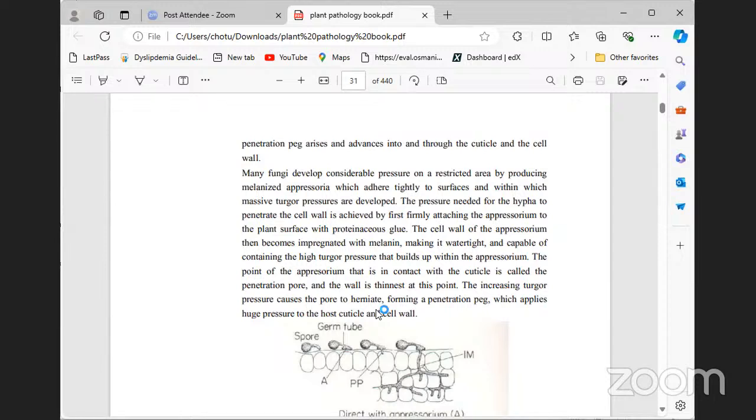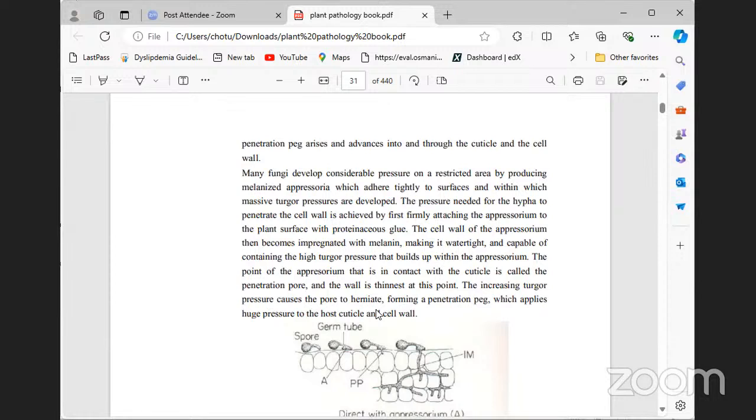The pressure needed for the hyphae to penetrate the cell wall is achieved by first attaching the appressorium to the plant surface with proteinaceous glue.